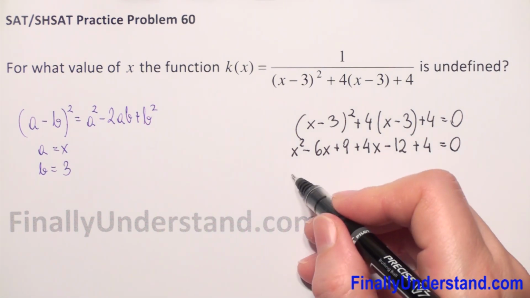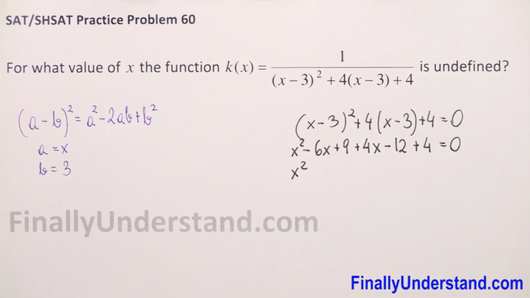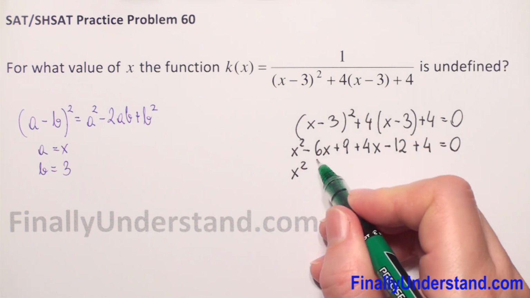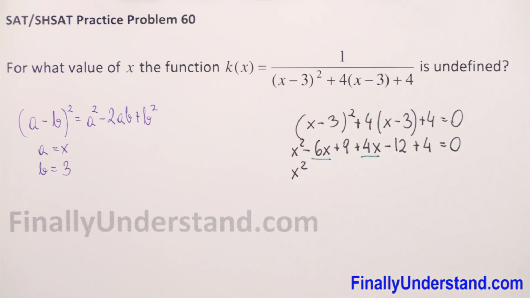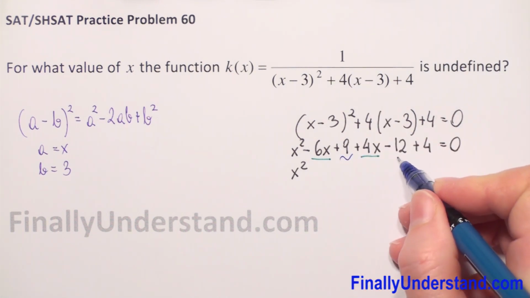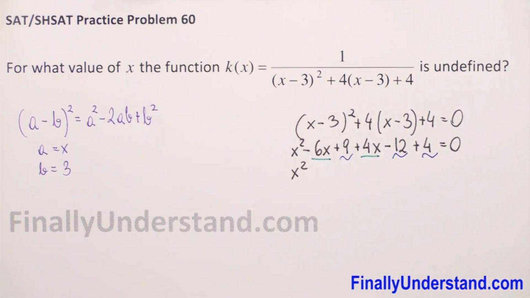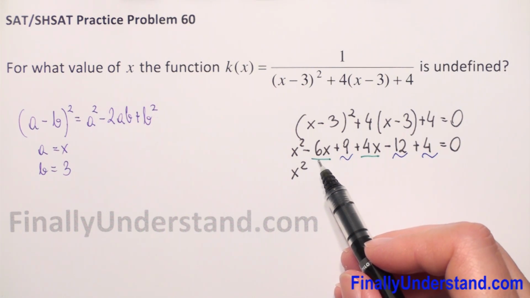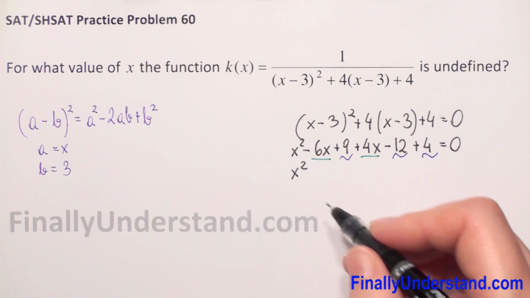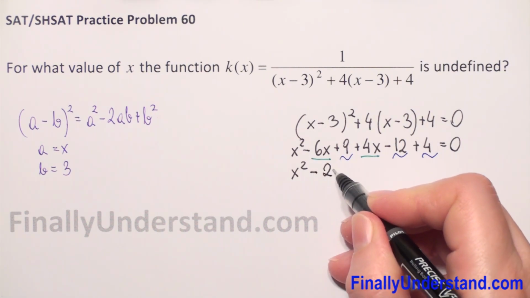We have only one formula with x squared, and we have here negative 6x and positive 4x. And also we have here 9, negative 12, and 4. So first we will write expression with x, so negative 6x plus 4x will be negative 2x.